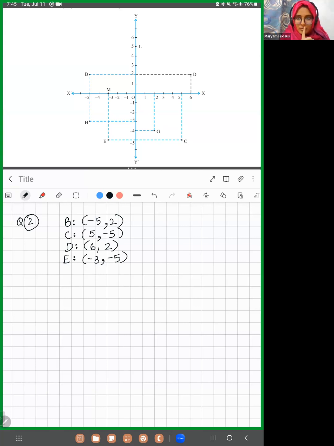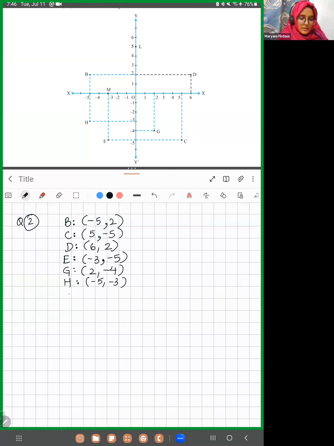Is there an F? There's no F in this, I think. Okay. Fine. G, point G. Your turn. 2, comma -4. Very good. Alina, your turn. H. -5, comma -3. Very good.